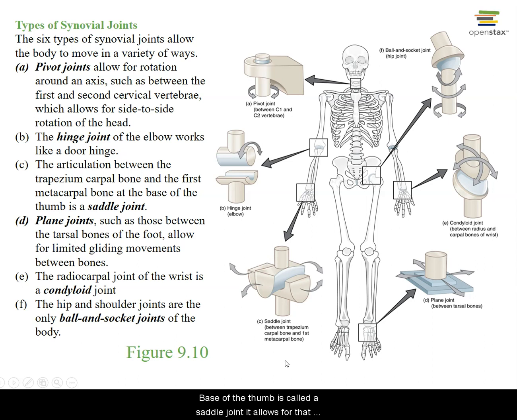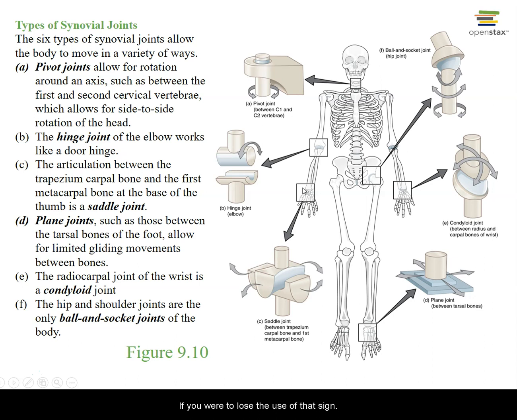It allows for that pinching of the fingers, putting the first index finger and your thumb together. That pinching motion is very important for function. And that motion, giving us our dexterity, separates us from a lot of animals, allows us fine movement of our hands to grasp things, and the saddle joint allows us to do that.